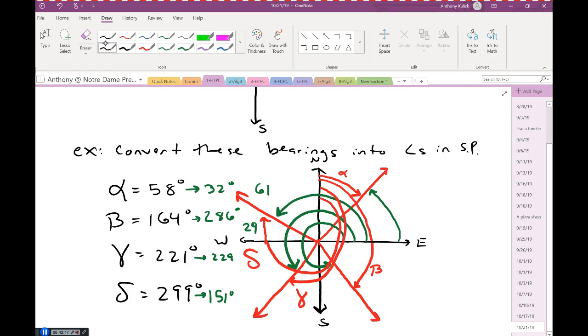We just did 4 examples. You're just like adding or subtracting from 90?